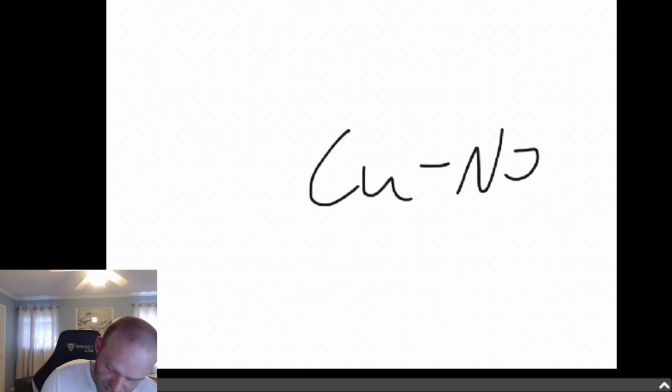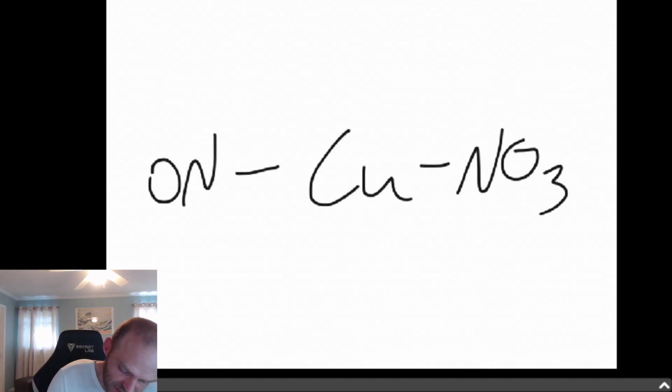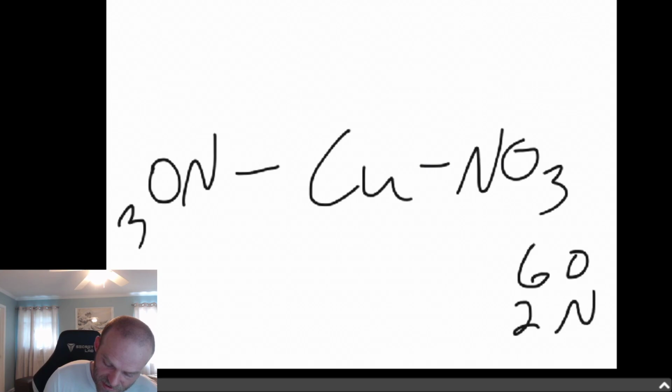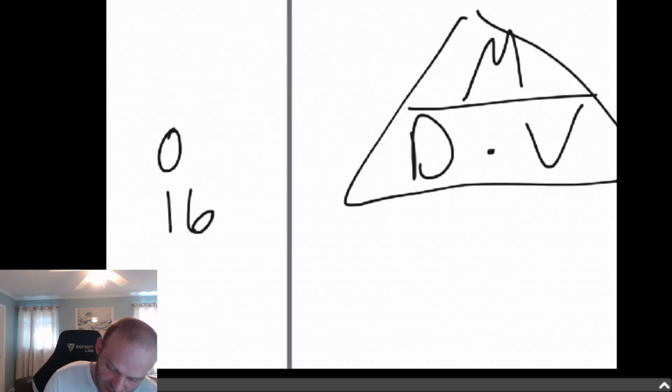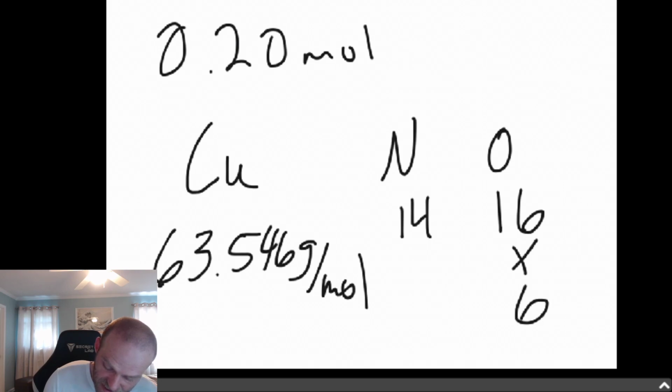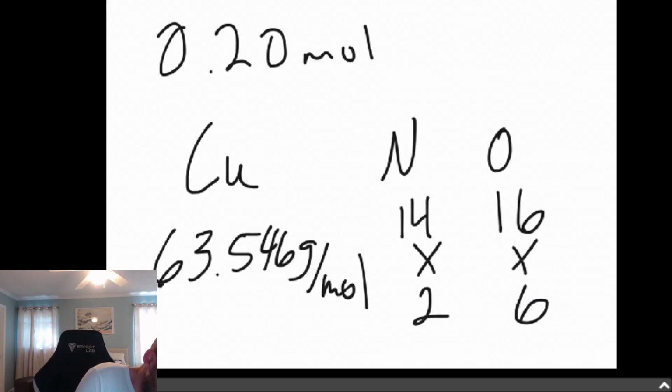Copper, and then a nitrate over here, and then a nitrate over here. Okay, so there's actually 6 oxygens and 2 nitrogens along with the copper. So going back to here, times 6 oxygens, 2 nitrogens plus the copper. So that'll be 16 times 6 equals 96 plus 28, right? 96 plus 28 plus 63.546.